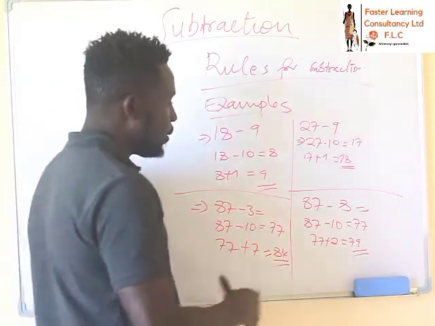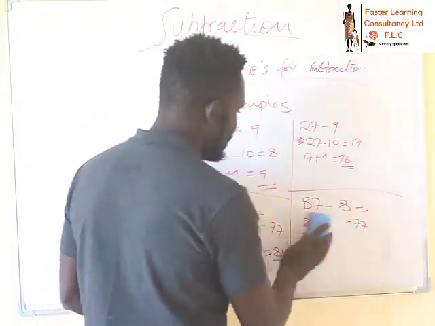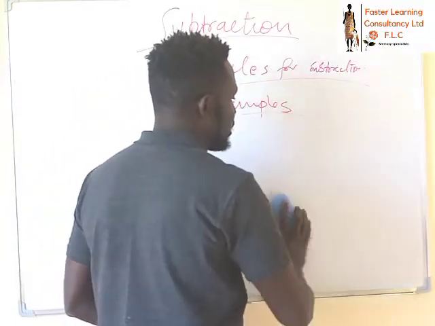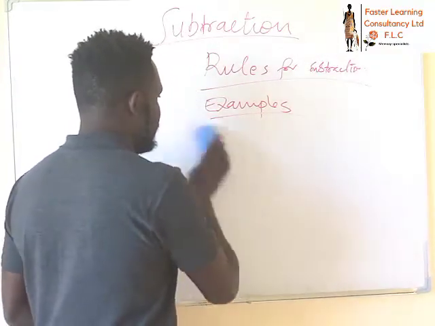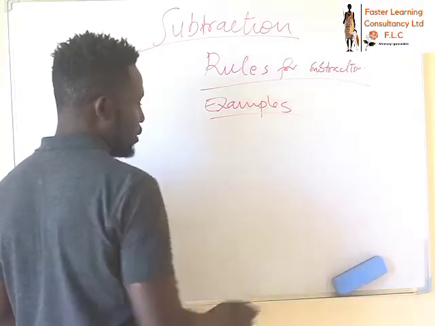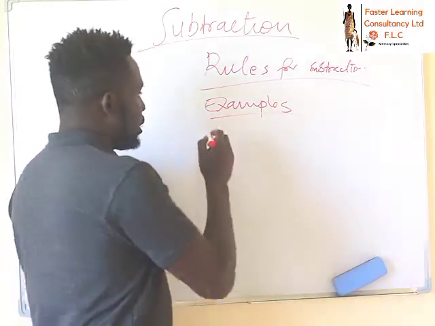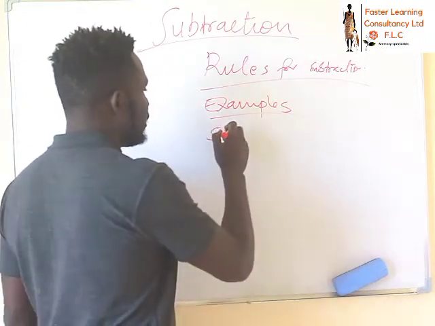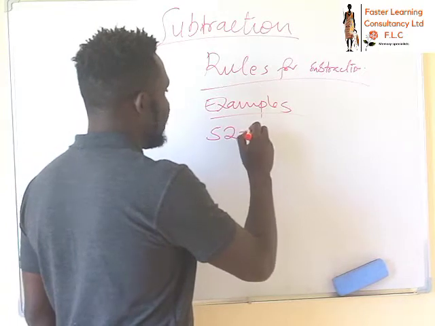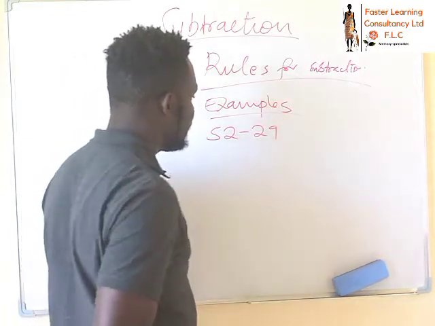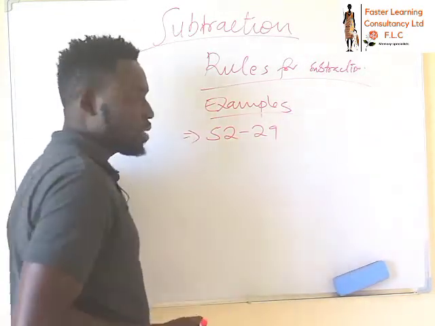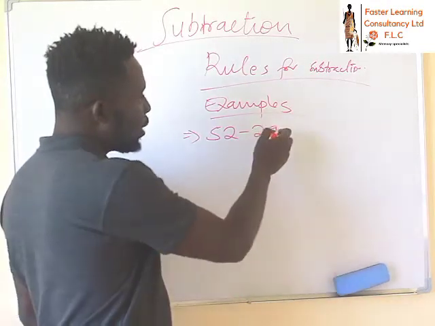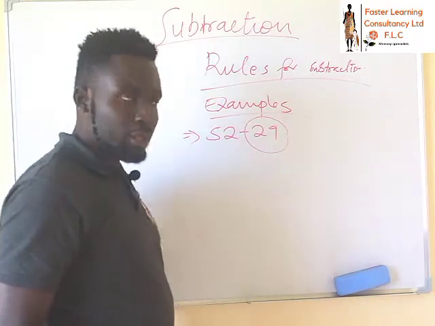Let's try bigger numbers now and see how that works. Suppose we now have 52 minus 29 as our first example. Here also we are going to make 29 a whole number.